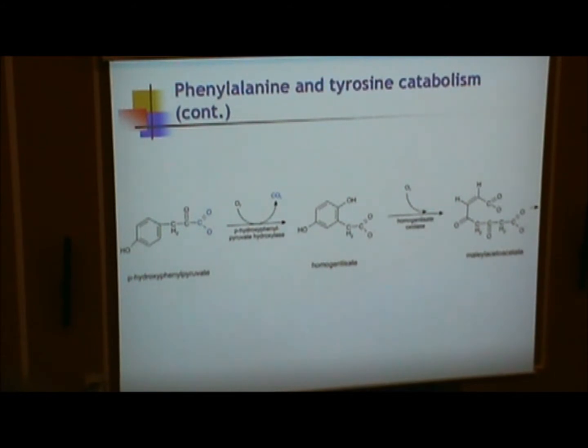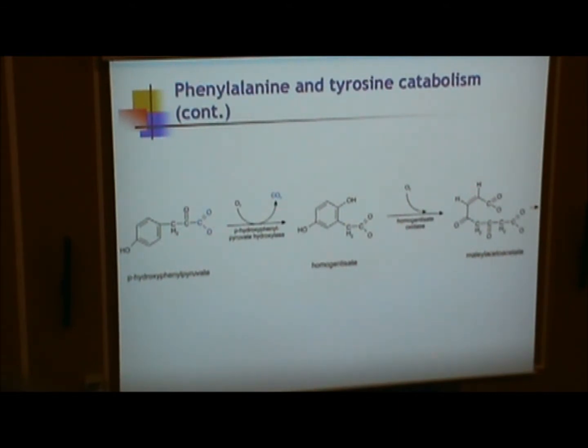One hydroxyl group, another hydroxyl. Then the homogentisate is submitted to the action of homogentisate oxidase. But it's better to say homogentisate dioxygenase. An oxygen molecule participates in this process.